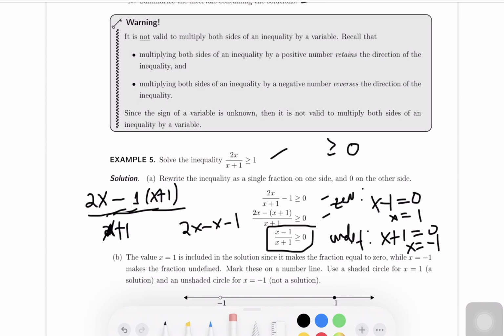It becomes 0 if your numerator is equal to 0, and undefined if your denominator is equal to 0. Then we will mark that on the number line.